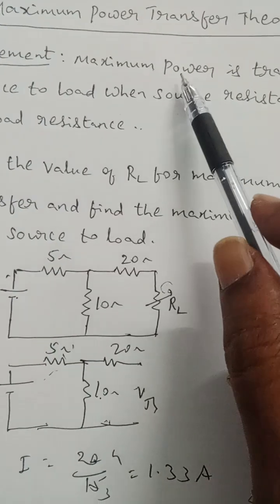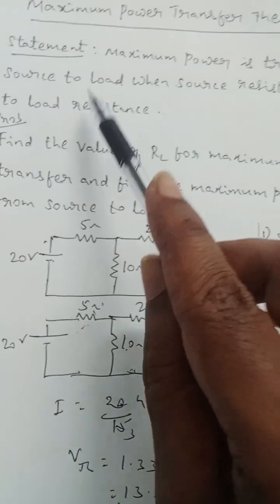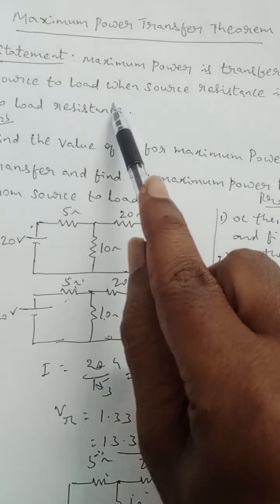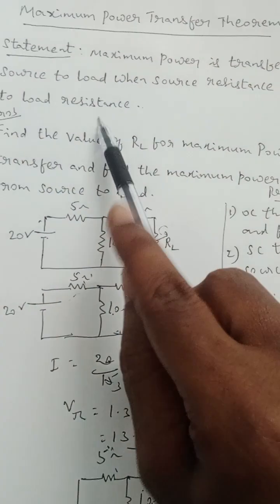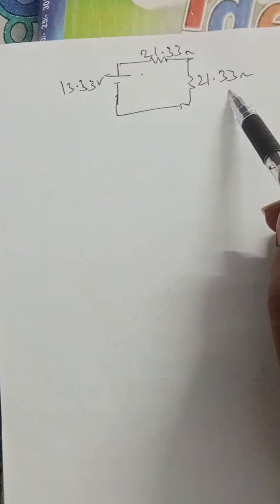Now coming to the load resistor here, from the statement of the maximum power transfer theorem, maximum power is transferred from the source to the load when source resistance is equal to the load resistance. So we have to replace this source resistance by the load resistance. So both are one and the same. Please remember that R Thevenin will be equal to RL here.